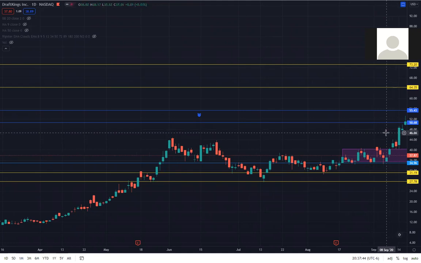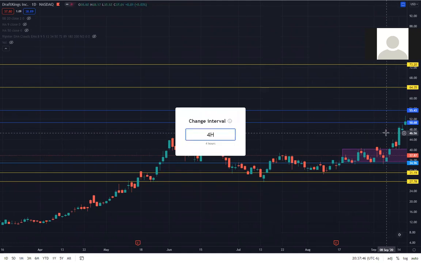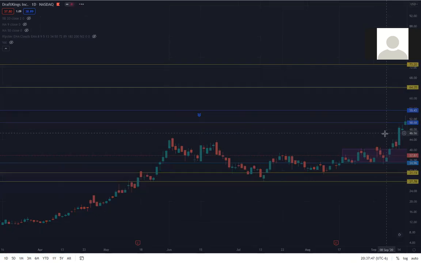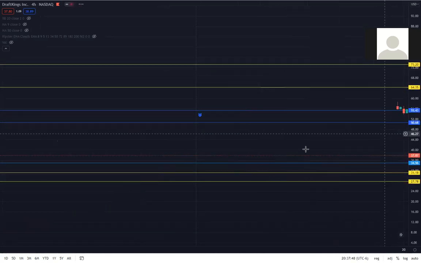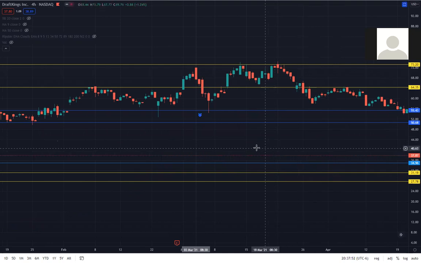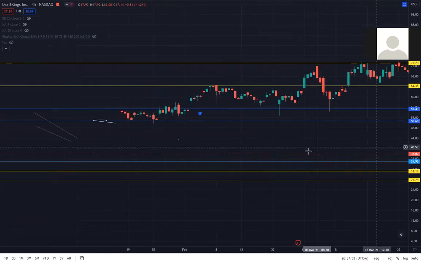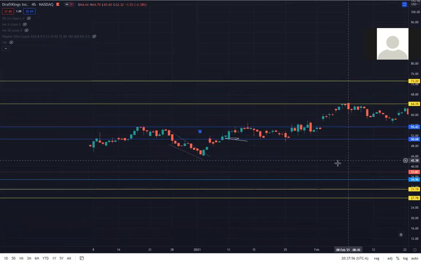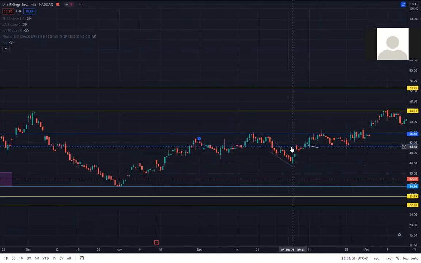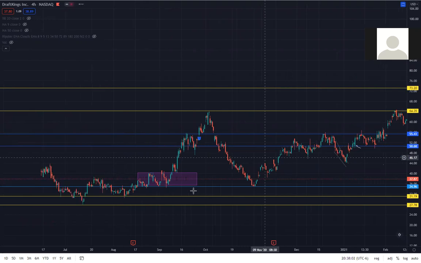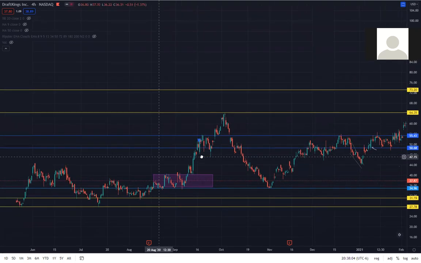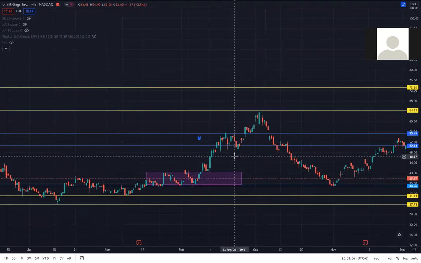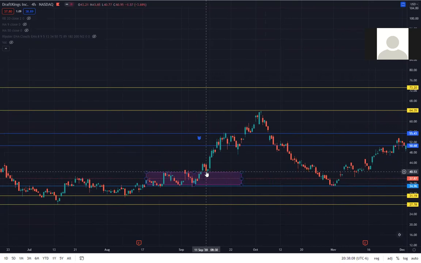Let me do that. So let's say I go to the 4 hour. Where's the purple? There it is. Back to the purple box. Look at it on the 4 hour, you see a little bit more detail. You see that little green candle right there?